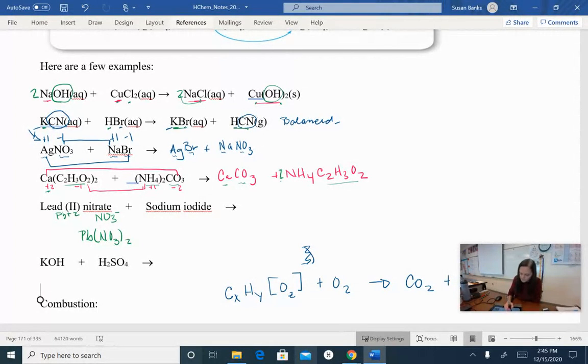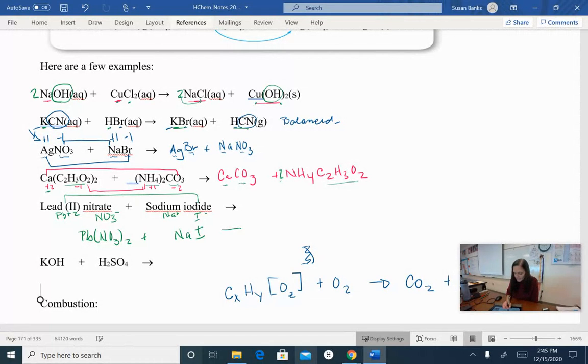Okay, sodium. Sodium is a positive 1. Iodide is a negative 1. So they are going to get together on a 1-to-1 ratio. NaI. All right, we've already got the charges put in. So lead is a positive, so it has to get together with a negative. The only other negative that we have here is iodide, right?